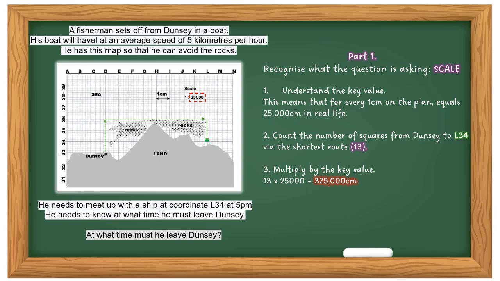And you can see now what that means is, in real life, 13 of these little squares has a value of 325,000 centimeters. Just remember with this scale value, the key value, if there's no denomination telling you what that means, then you automatically put it to centimeters. So that is how you get that part.